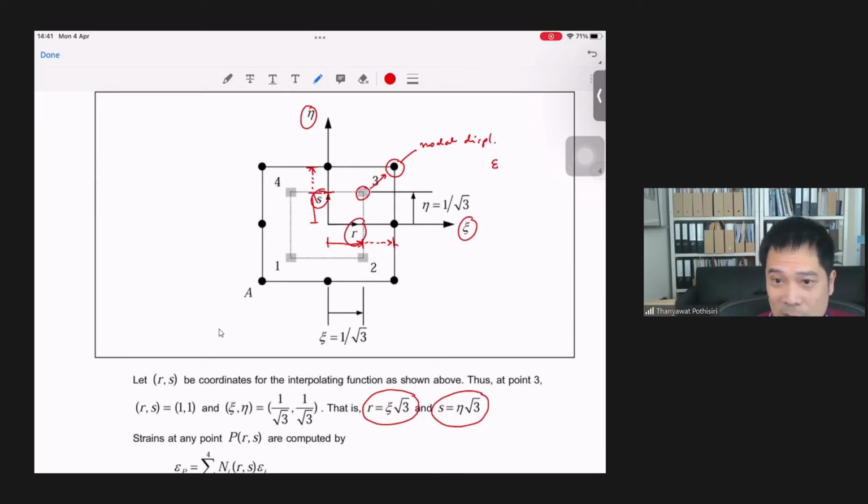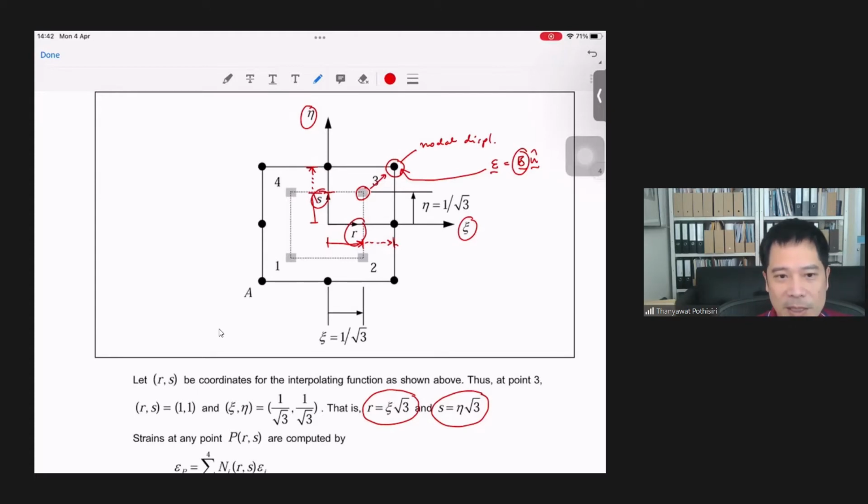If you would like to compute strain, normally you would have to compute the B matrix multiplied with the nodal displacement, right? Okay. So, for example, if you want to compute strain here, then again you must compute the B matrix at the node, which would take too much computational effort.